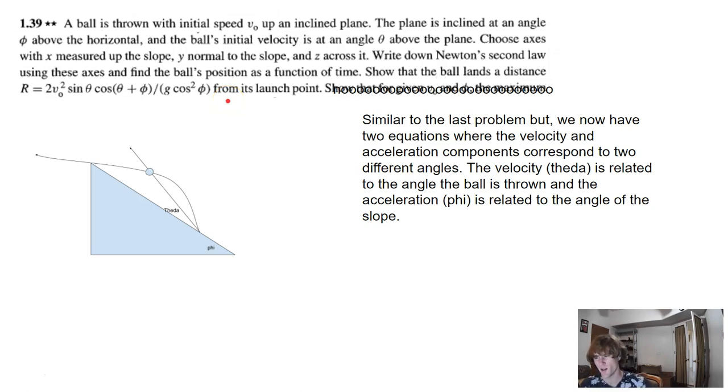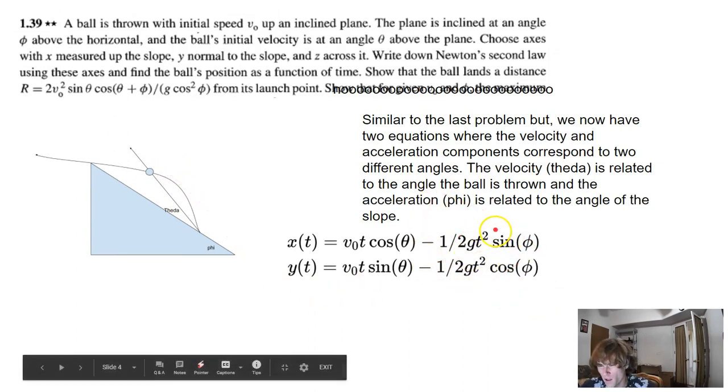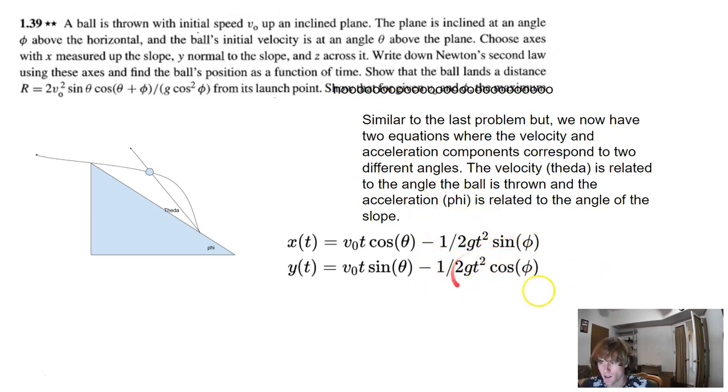First we're going to find our Newton's second law equations, which is actually pretty simple. We just have to account for the components of each angle here. Since our x-axis is along the slope and our y is normal to it, the acceleration of our projectile is still going to be relative to the slope.